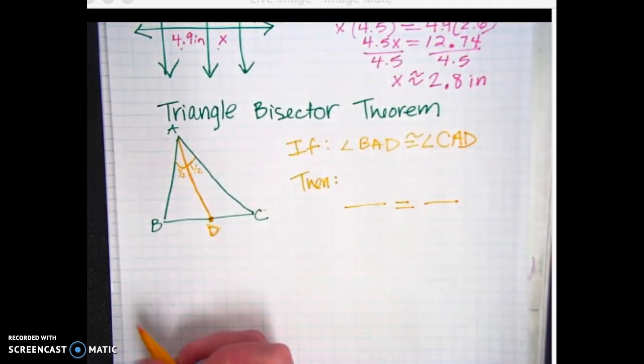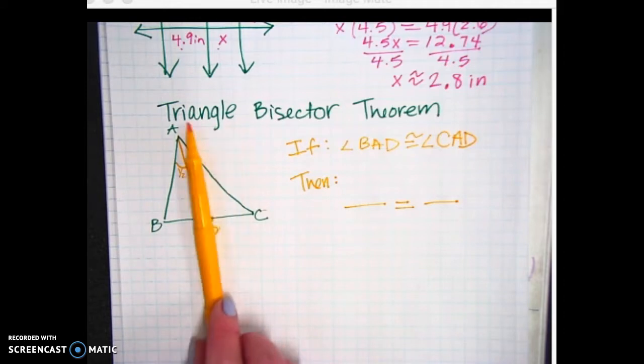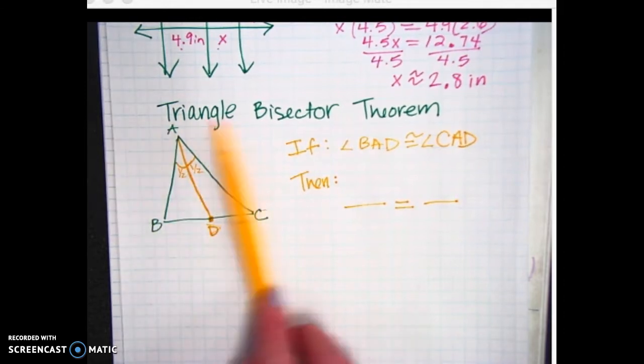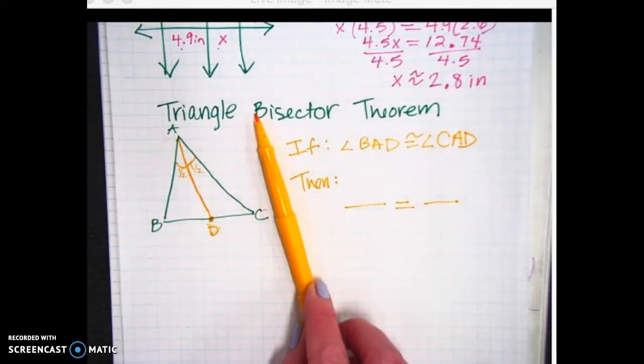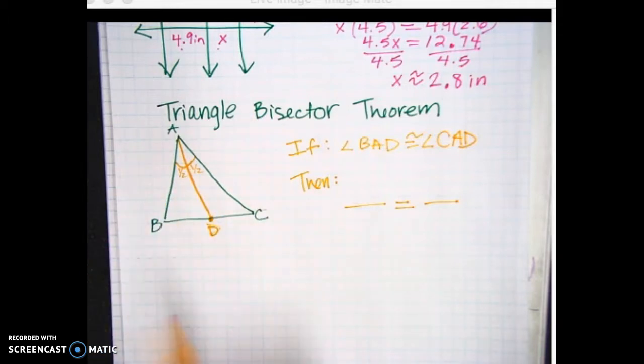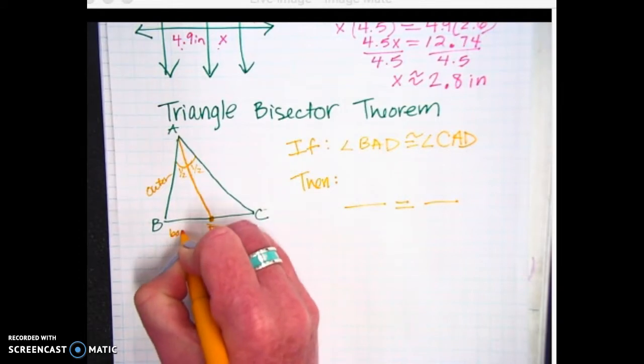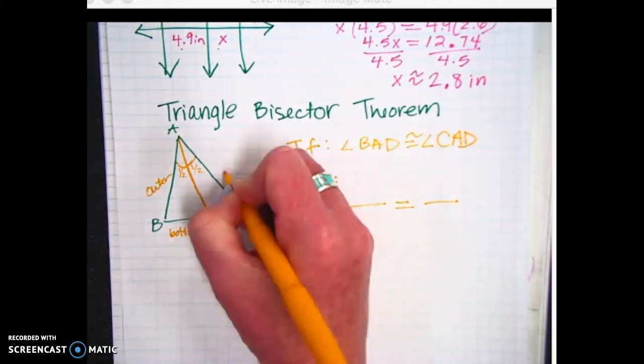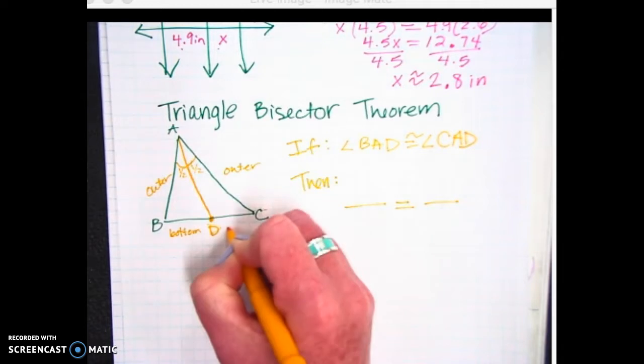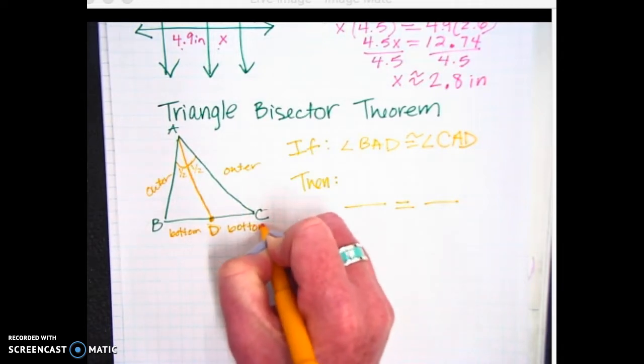Okay? That proportion is going to be your left side and your right side. And it's going to be what we're going to call the outer and the bottom, and the outer and the bottom. Okay?